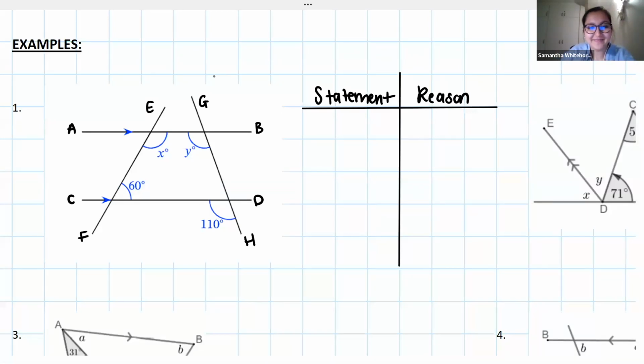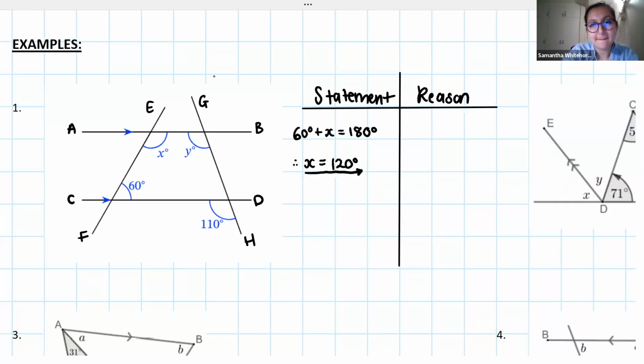So I got X. I said 60 degrees plus X equals 180. Good. And then after that, I took the 60 to the back, which is the inverse, so X equals 180 minus 60, which equals 120. Perfect. And what was your reason?